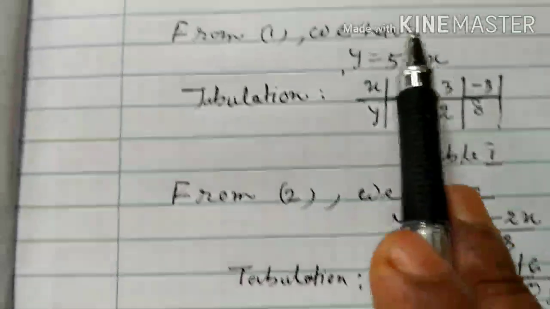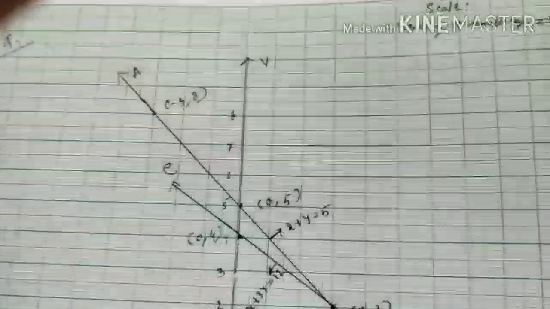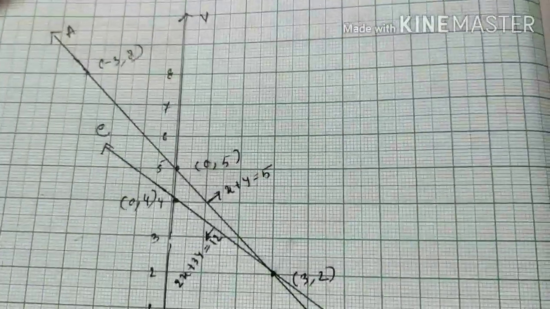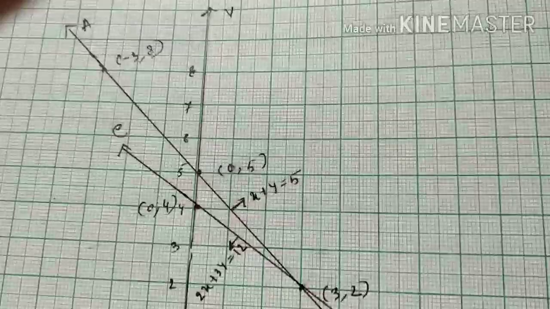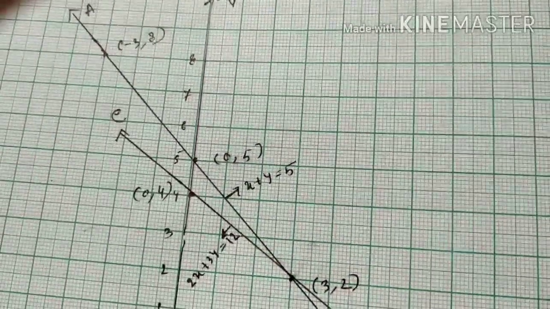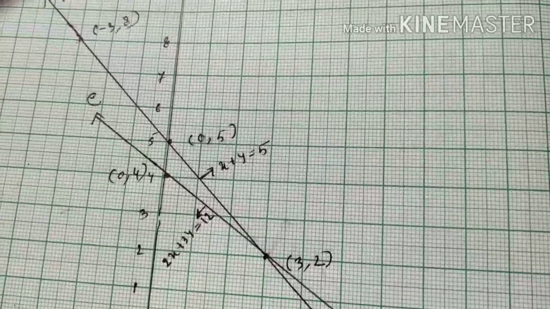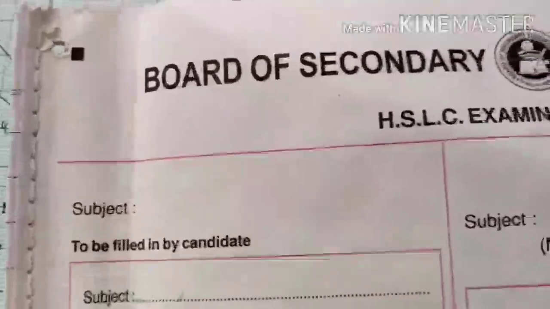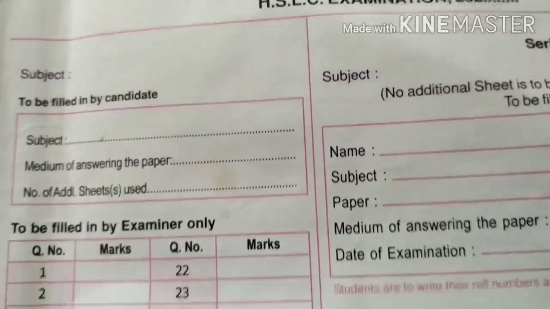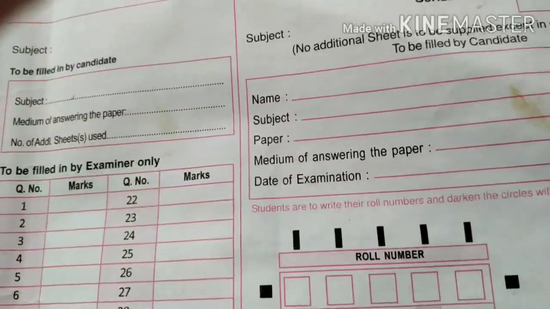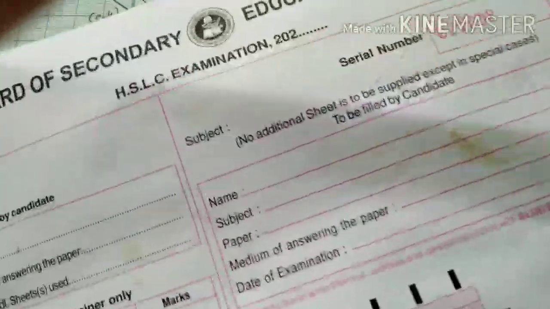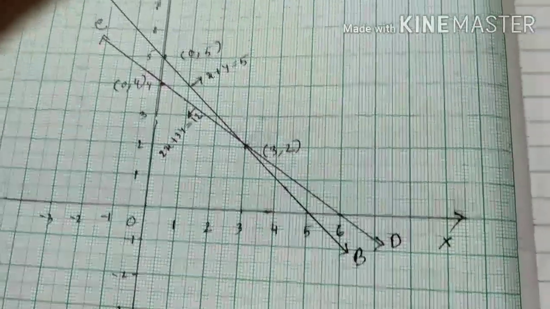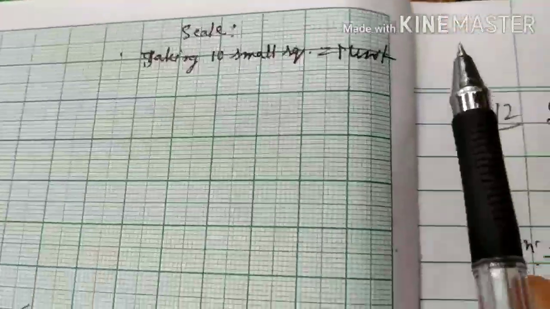Just after making the tabulation, then in the graph papers. In the answer paper you must draw the graph. In the Board of Secondary Education Manipur SSLC examination, the CBC answer paper for maths shows this.